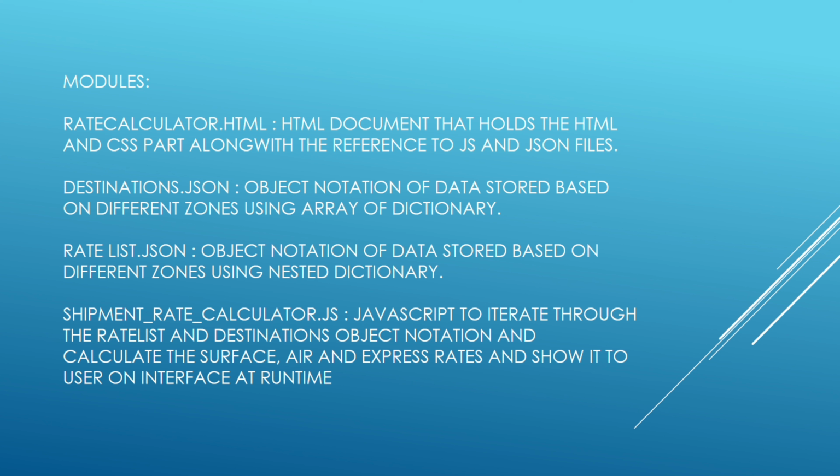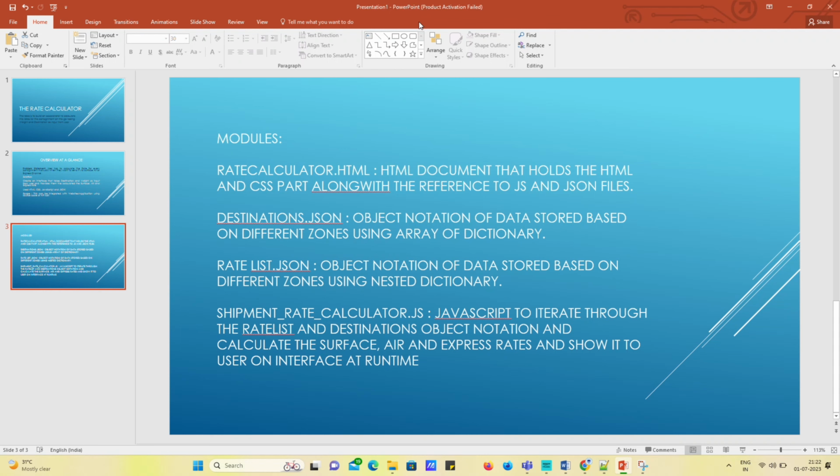The third is ratelist.json, which is an object notation of data stored based on different zones using nested dictionaries. Then we have the shipment rate calculator JavaScript, which iterates through the rate list and destinations object notation, calculates the surface, air and express rates and shows them to the user.